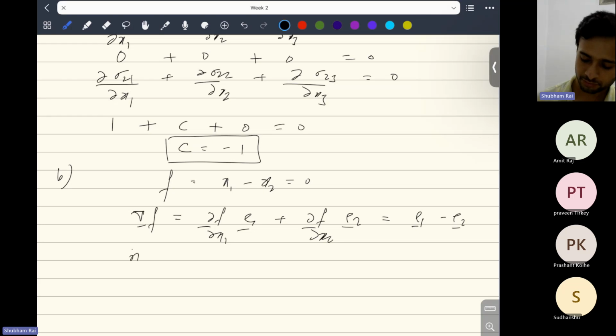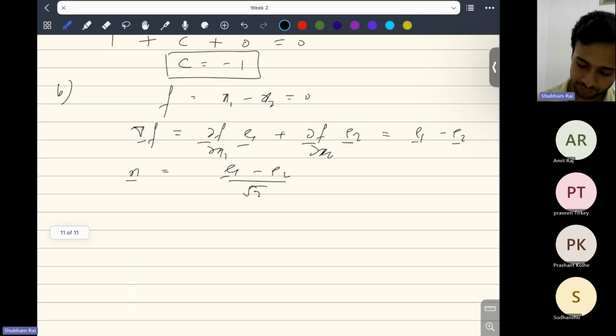And if I try to find the normal, this divided by its magnitude will be e1 minus e2 divided by root 2, right? So this gives you the normal vector. And now you have to find the traction. So the traction at this plane with n cap is given by sigma times n, and that should be equal to the null vector, right?